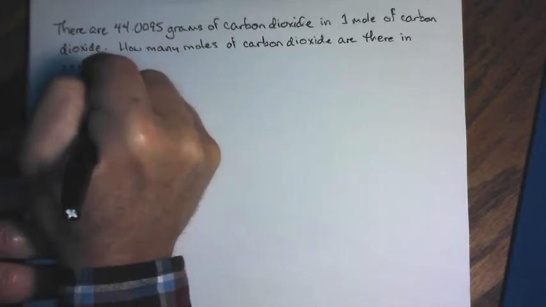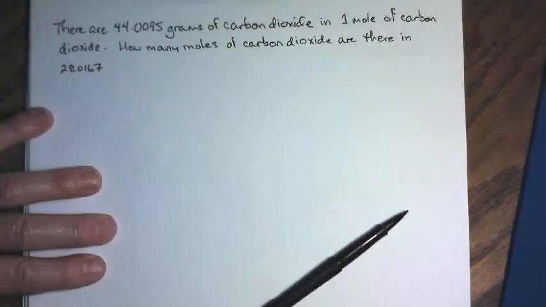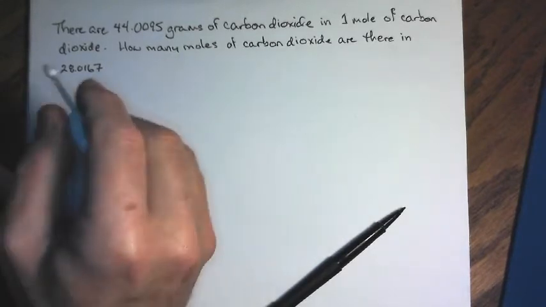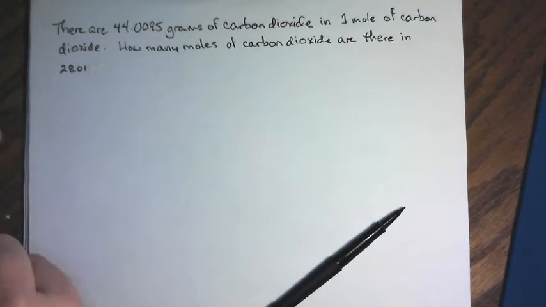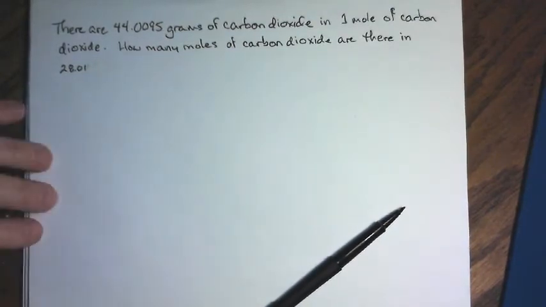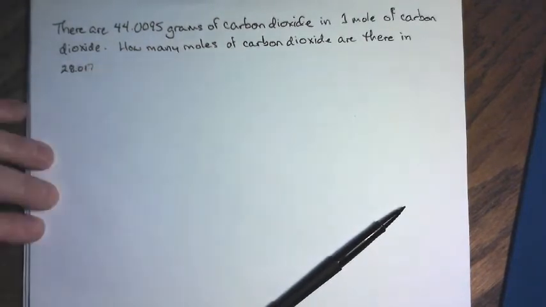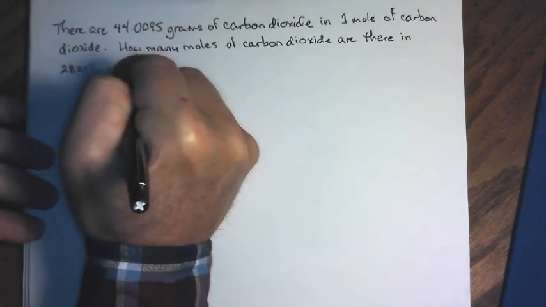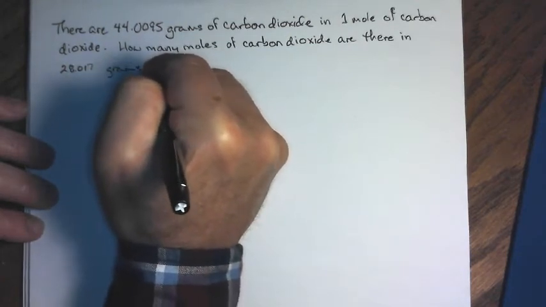He wants to use 6 significant digits. Just for kicks, let's make it only 5 significant digits, okay? So we're going to round that up, just so we can talk about significant digits a little bit more. Fair enough? So 28.017, all right? And that's grams of carbon dioxide.